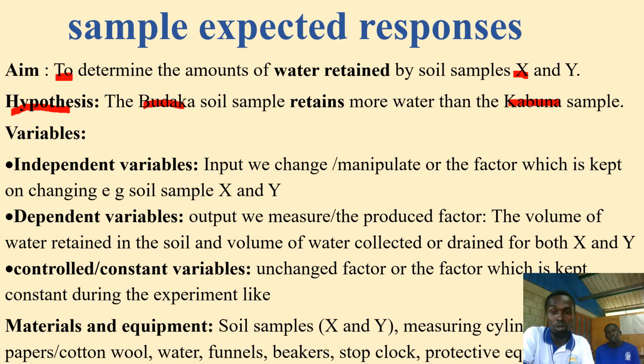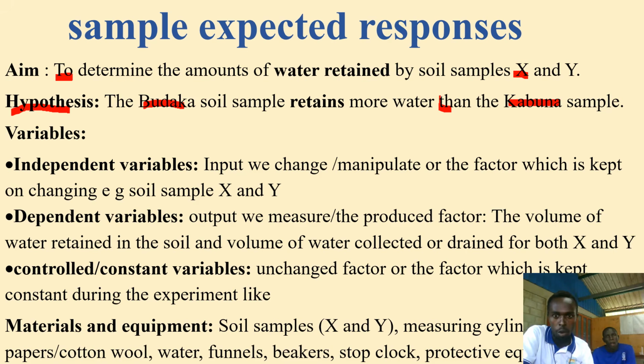So the negative is actually the vice versa. And it's two ways. One way is vice versa: Kabuna soil samples drain more water than. Can you imagine there is a word "than" here? Let me even change the color so that I maintain red.